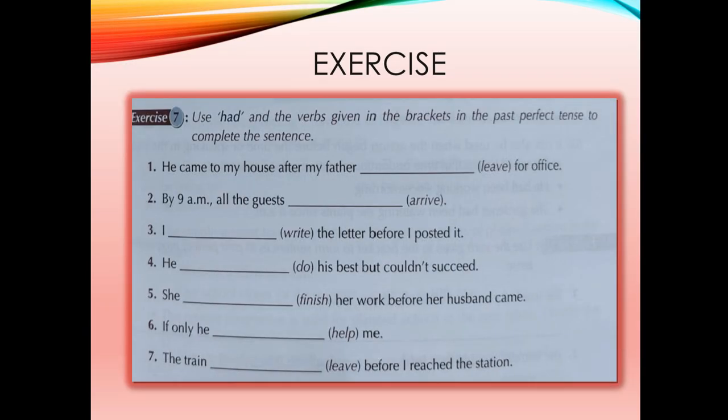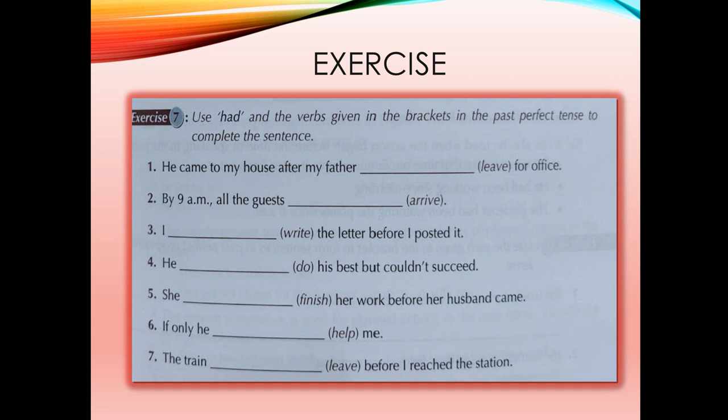Use had and the verbs given in the brackets in the past perfect tense to complete the sentence. First one, he came to my house after my father leave for office.